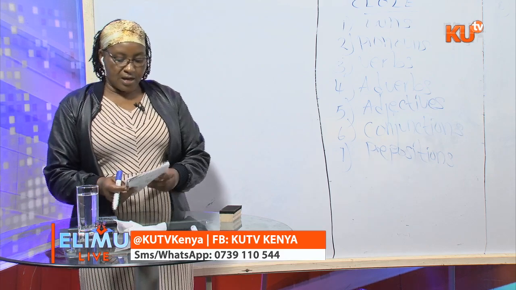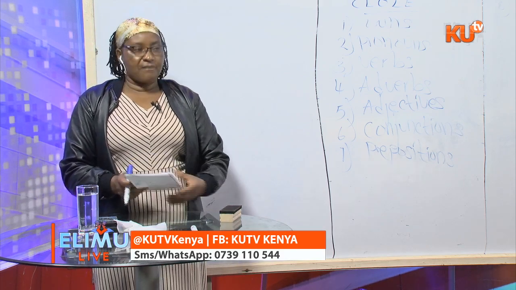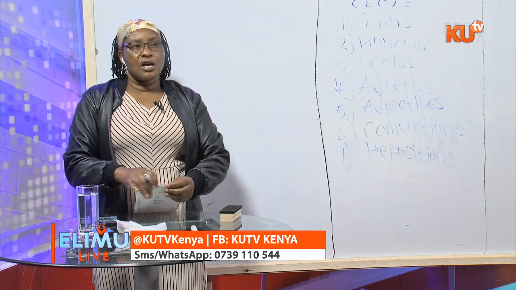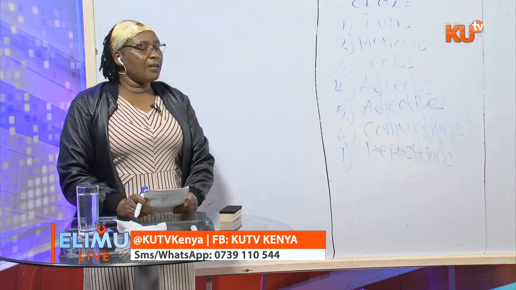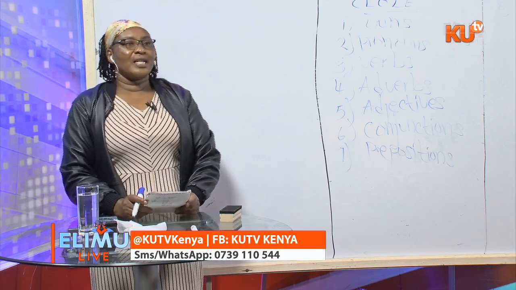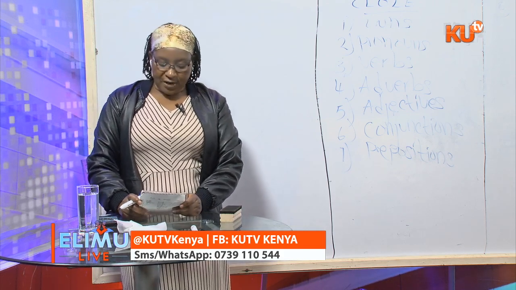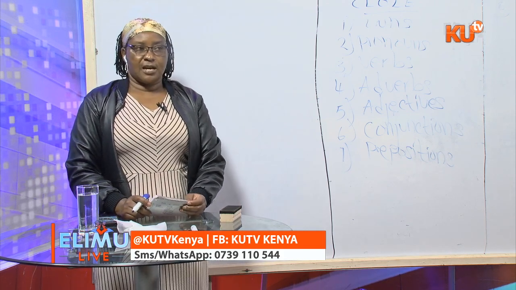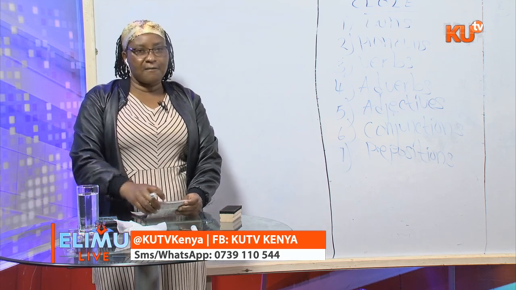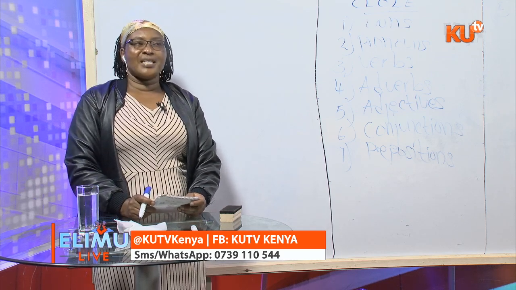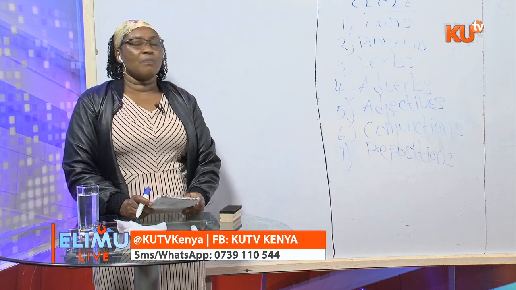Now, the first thing that we should do after reading the broken passage slowly and carefully so that you understand what you are reading, I repeat again, you read it carefully and slowly to understand the topic.